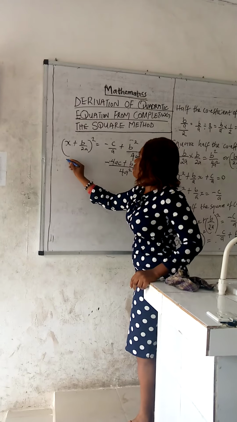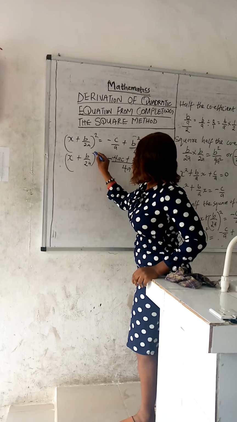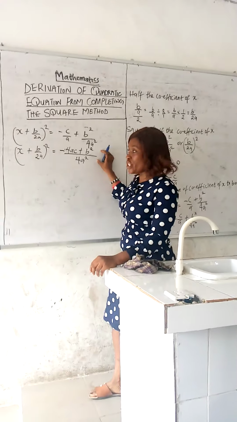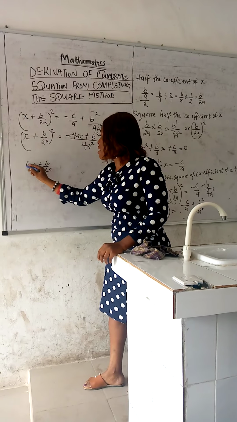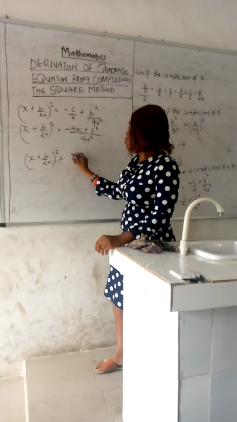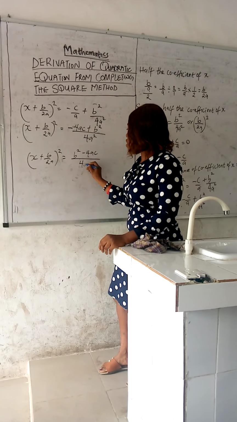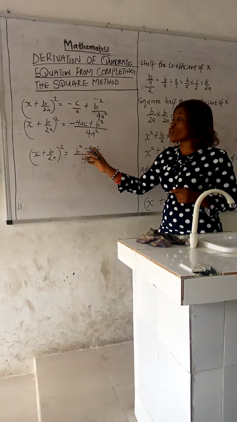So we are still having x plus b over 2a squared is equal to this. Now we can rearrange this equation to have x plus b over 2a squared is equal to b squared minus 4ac over 4a squared. It's still the same thing. Now you take the square root of both sides.